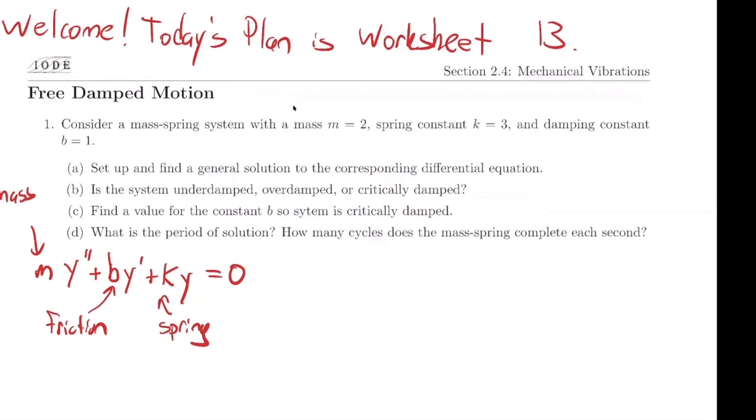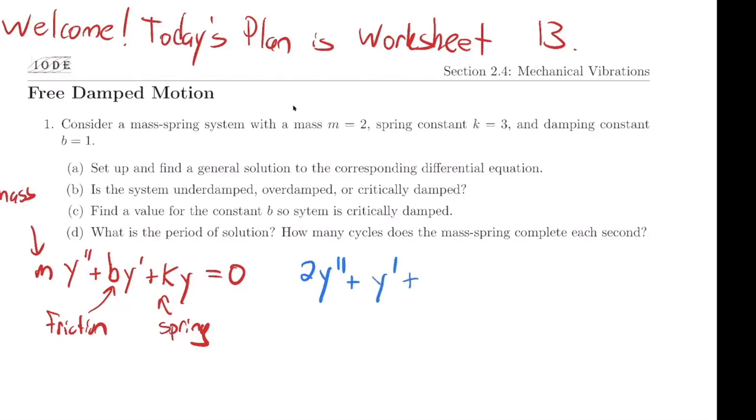First of all, we're assuming that these constants are positive. When B is equal to 0, we call that the undamped motion. Here we'll consider the case when we do have damping. So in this case, our differential equation would be, we're told that the mass is 2 and the damping constant is 1, so we've got 1 times y prime.